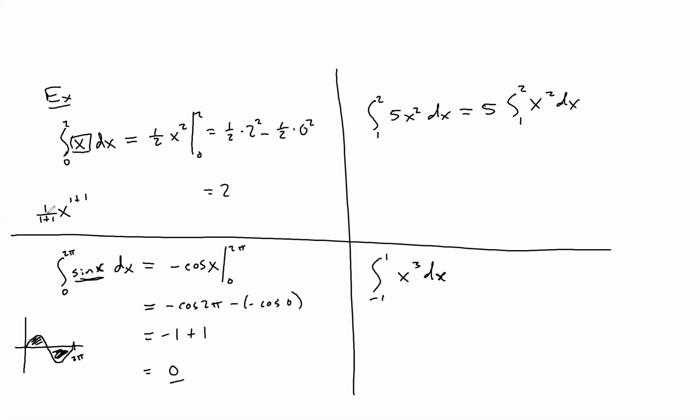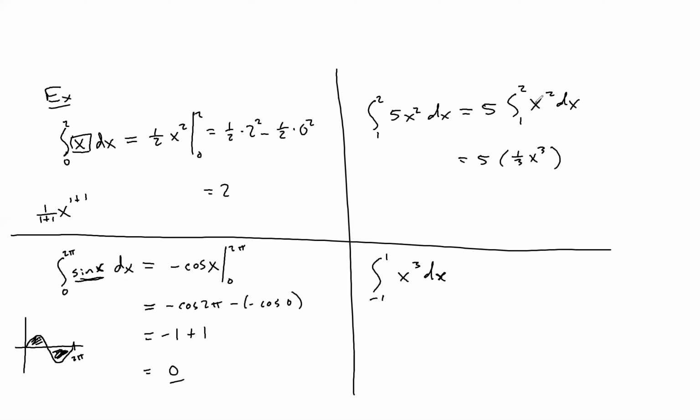All right, so this first one, the antiderivative of x squared is 1/3 x cubed. So I have 5 times 1/3 x cubed. And again, normally with an indefinite integral, we would write a plus c here.